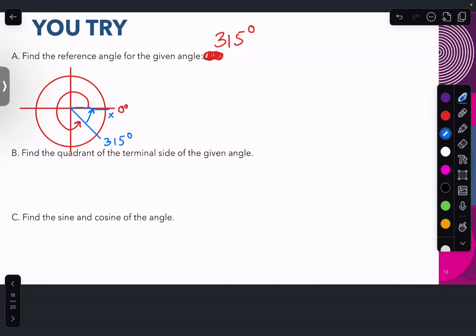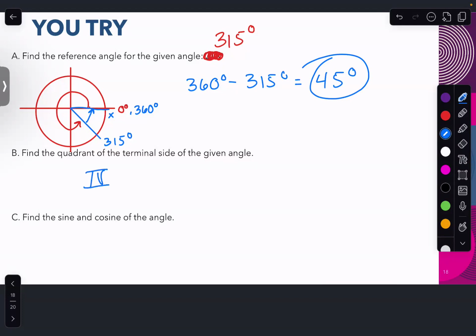So that would be 360 minus 315, which will end up being 45 degrees. So that's my reference angle. What quadrant is this in? It is in quadrant 4. And now we need to find sine and cosine of 315 degrees.